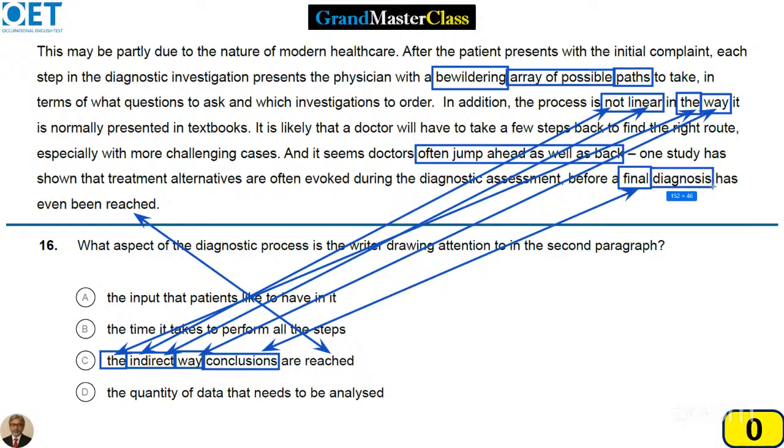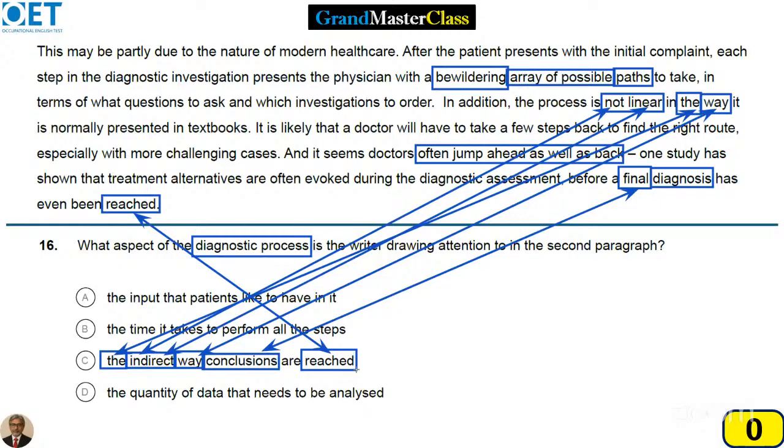Diagnosis. Diagnostic process. Reached. Conclusion means final. So everything is very clear here.